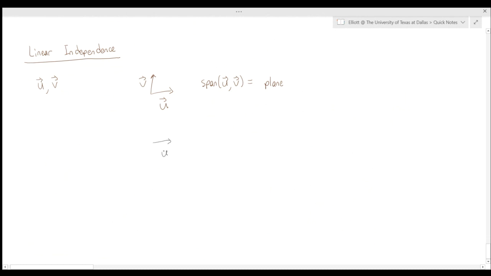Another possibility is what we call linear, in which case they would only span a line. And then in a sort of extreme case, if they were both equal to 0, they would only form a point.